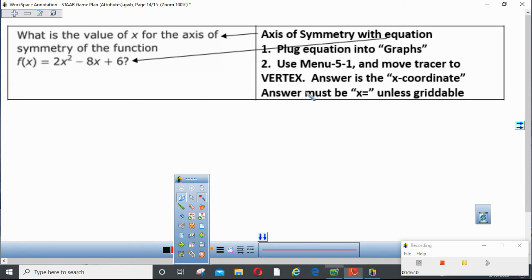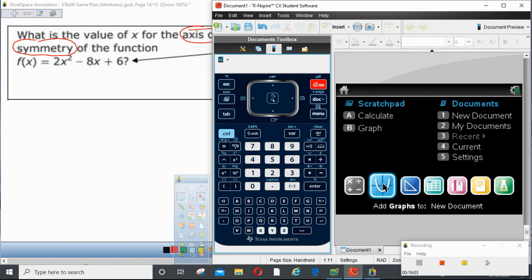All right, and another axis of symmetry question, but this time it's axis of symmetry with an equation. So we got to go type this in. These are a little bit tougher because you don't get to draw that line.